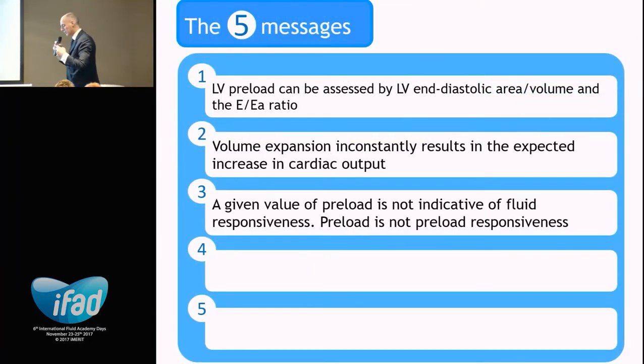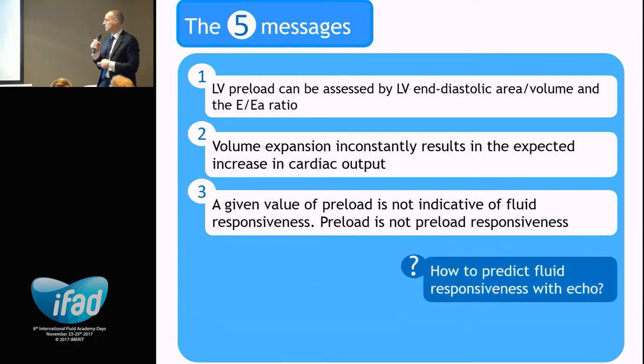It's always important to keep in mind because it's still very surprising to see how many colleagues still use such static markers of preload to test fluid responsiveness. There is a huge amount of studies showing that CVP does not help for this purpose, and still many colleagues use it anyway.